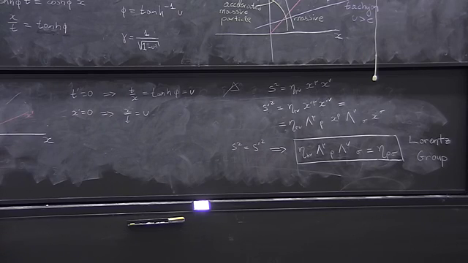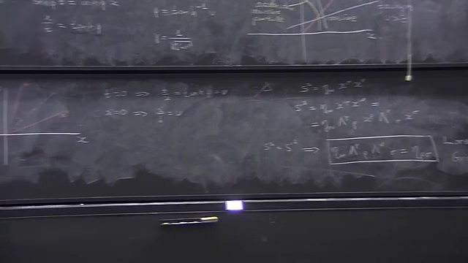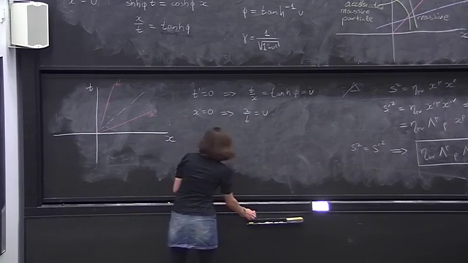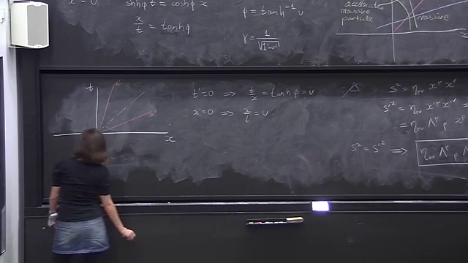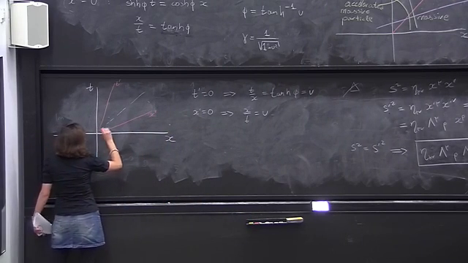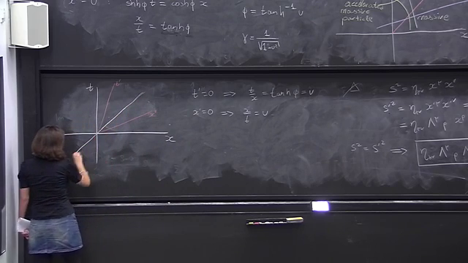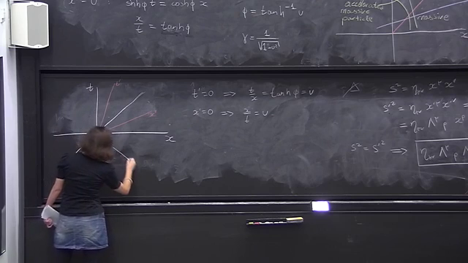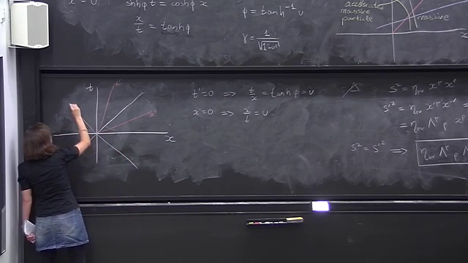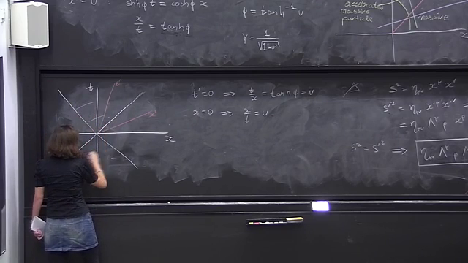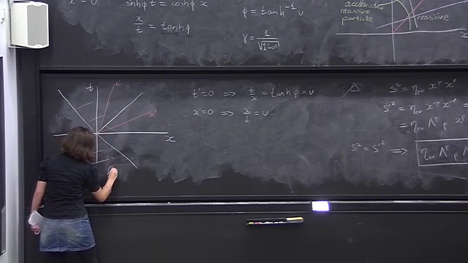So as you perform a boost, you get this scissoring effect between your axes. I should have already said that these lines, the lines that correspond to photons, define my future and past light cones.